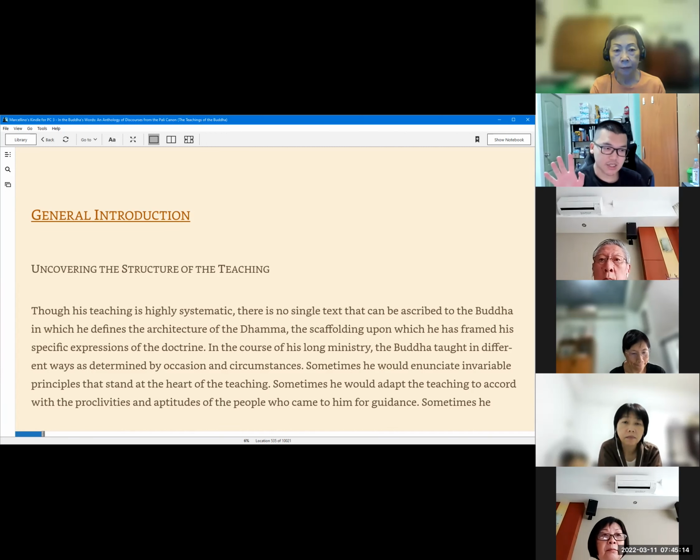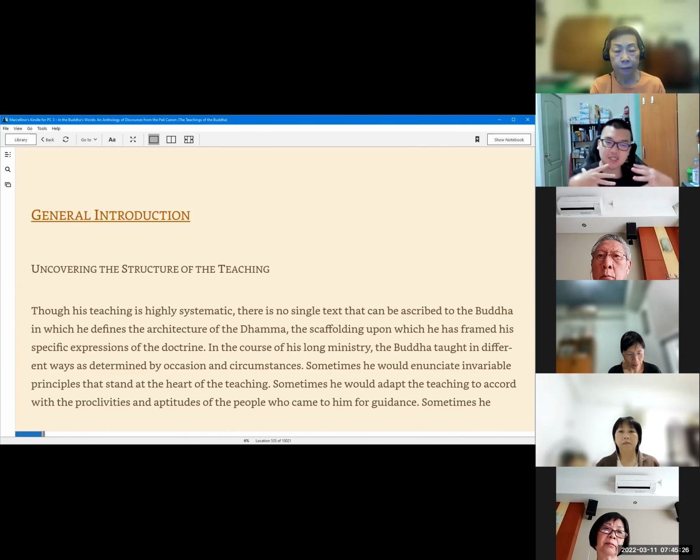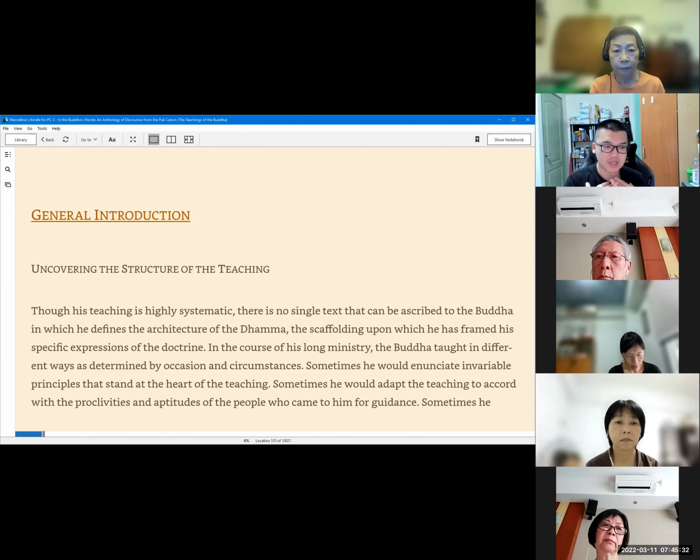Though his teaching is highly systematic, there is no single text that can be ascribed to the Buddha in which he defines the architecture of the Dhamma, the scaffolding upon which he has framed his specific expressions of the doctrine. In the course of his long ministry, the Buddha taught in different ways as determined by occasion and circumstances.